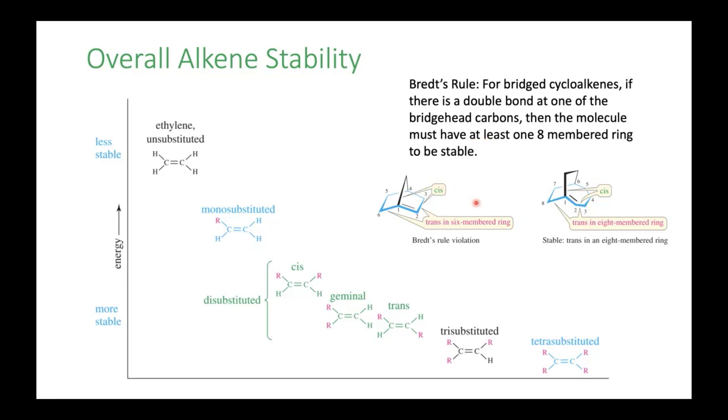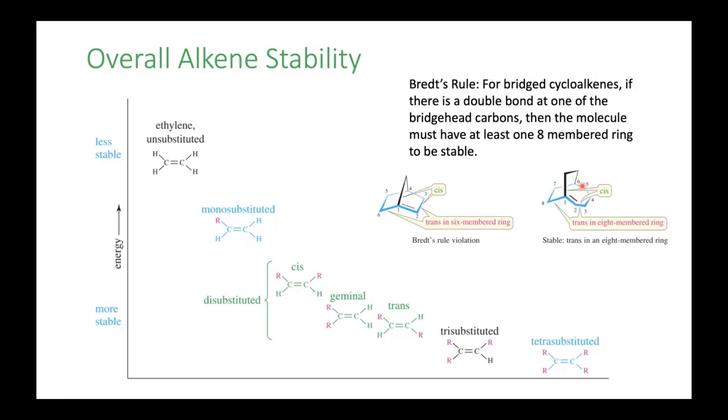This really only shows up in ranking alkene stabilities, because if they give you something with a 6-membered ring, or only 6-membered rings, or anything less than 8, this is going to be a Bredt's rule violation. It's going to be very unstable. So the only stable bridged cyclic alkenes are ones where you have one 8-membered ring.